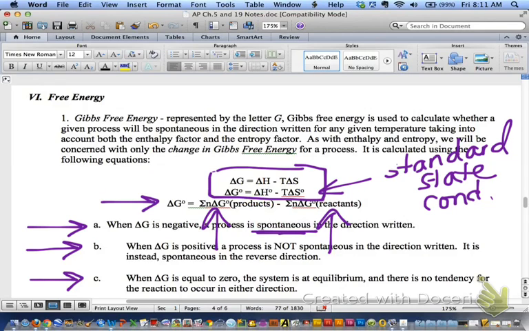All right, you guys. So if we're going to use this last equation, products minus reactants, what does that assume? That we're given those, and where do you think that we're going to find them for solving the problems that we're going to be doing? The chart. Appendix 4.